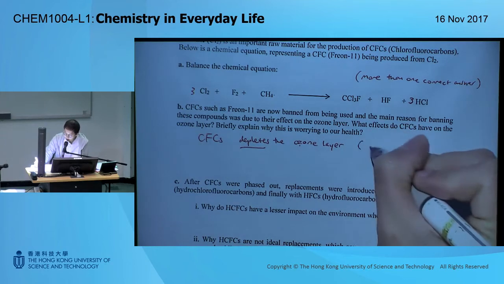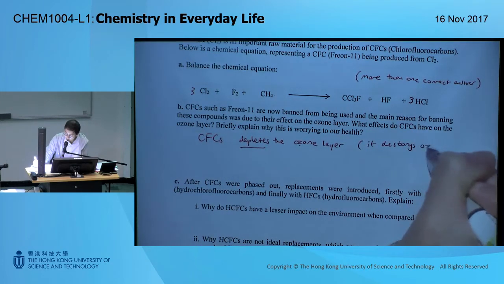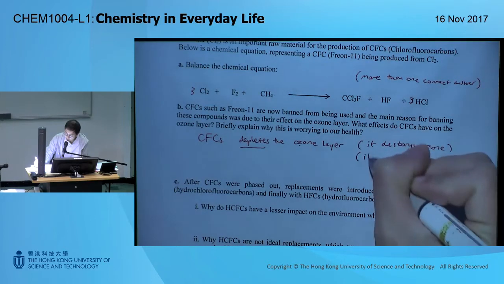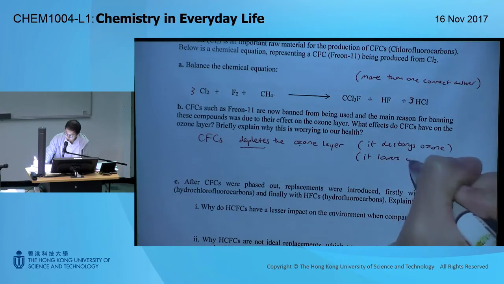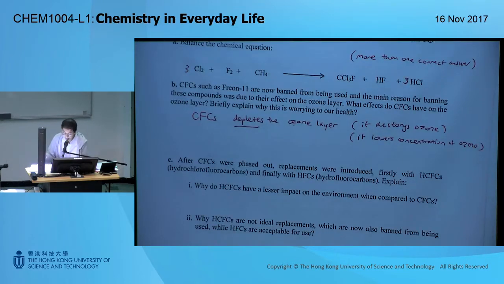Or you can say that it destroys ozone. Or you can say it lowers the concentration of ozone. Anything similar to this? Why is it worrying to our health?